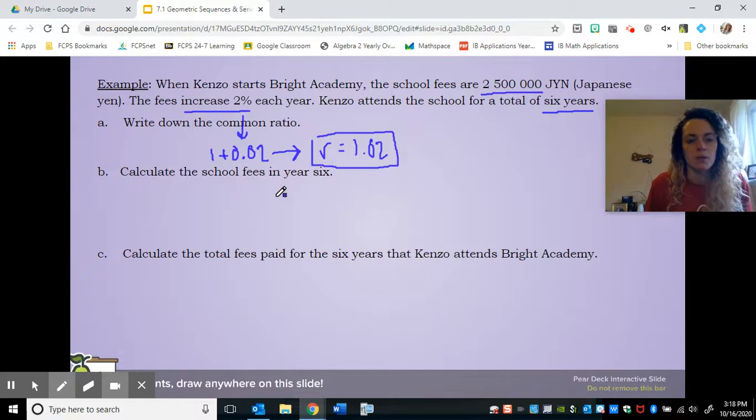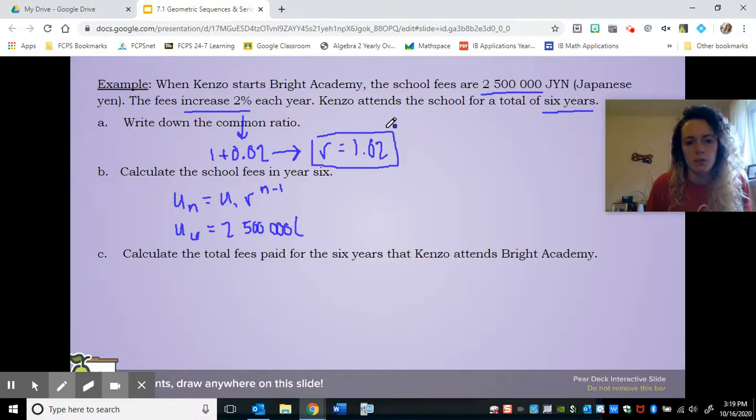Part B wants us to calculate the school fees in year 6. So again, using the same formula we've been using all day and subbing in what I know. I know now that I'm looking at year 6, so n is 6. My first term was the initial amount, so 2.5 million yen, or 2,500,000.